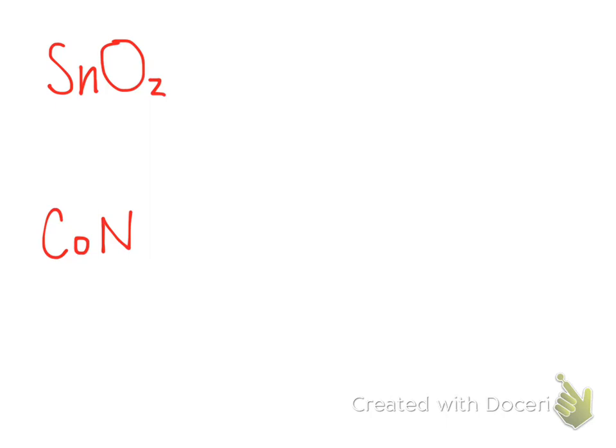Okay, so I have 2 different compounds up there. I want you to give me the full name of both of those compounds. So as we start naming with polyatomic ions, most of our polyatomic ions have a negative charge, all except ammonium and ammonia. Right? Did I give you both ammonium and ammonia?